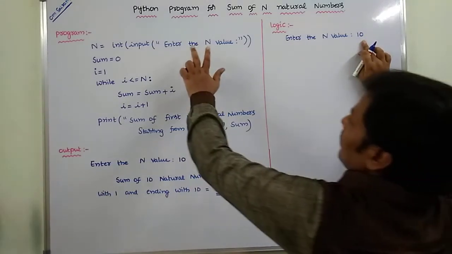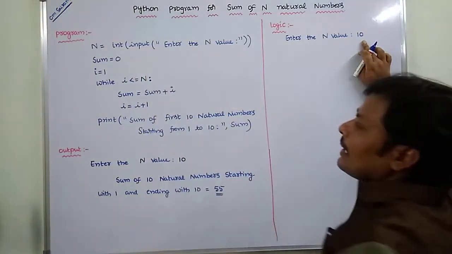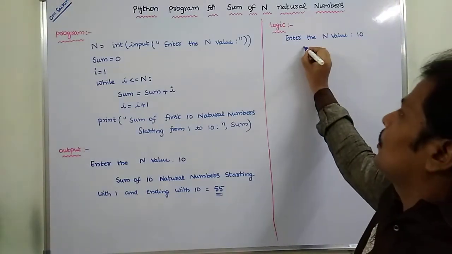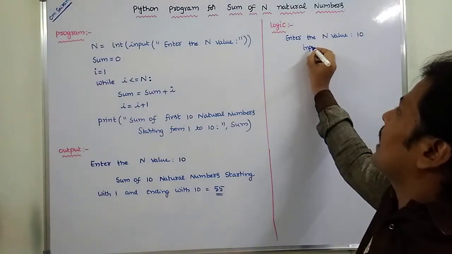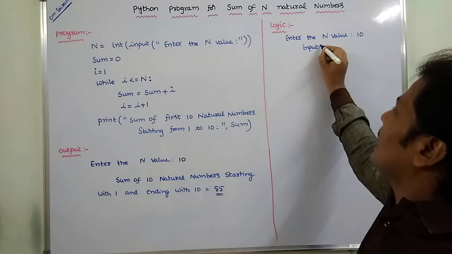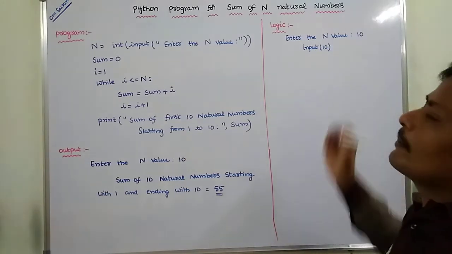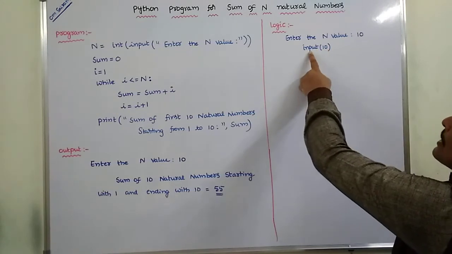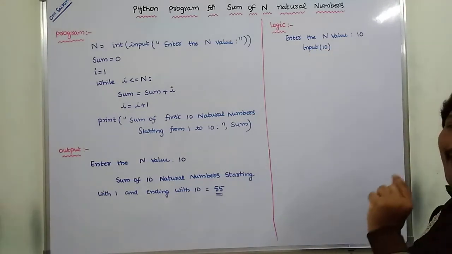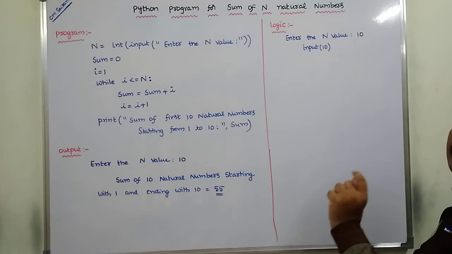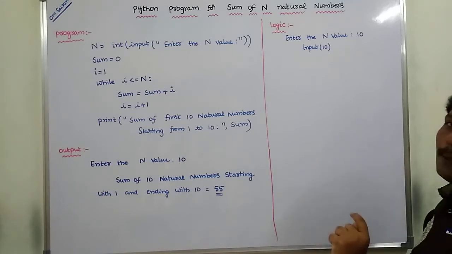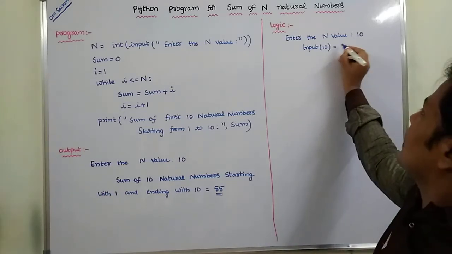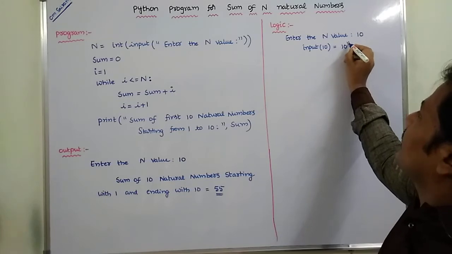Okay. Next, before that statement there is input. So this input function can read the input that is entered by the user. So user enters 10, then the input function reads the input value 10 entered by the user from the keyboard. Then it returns the string of 10.